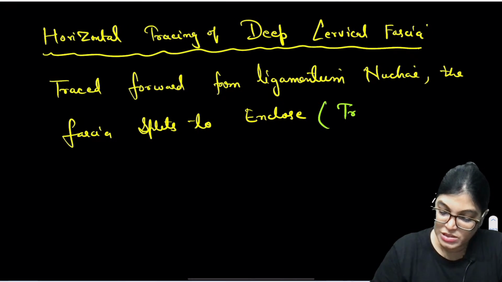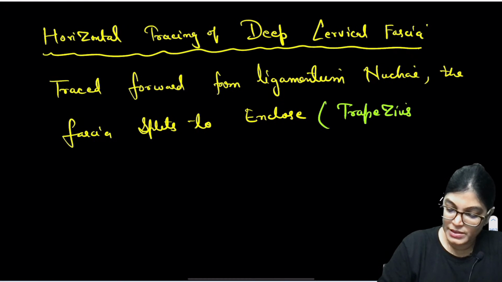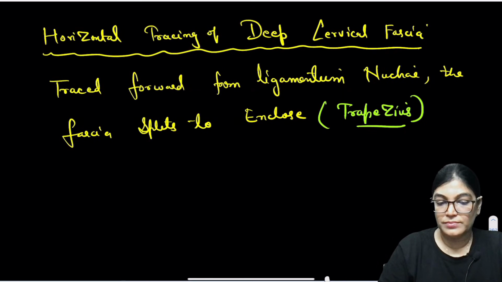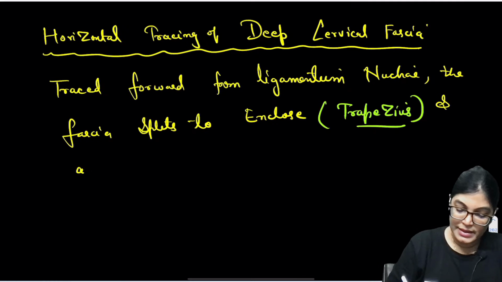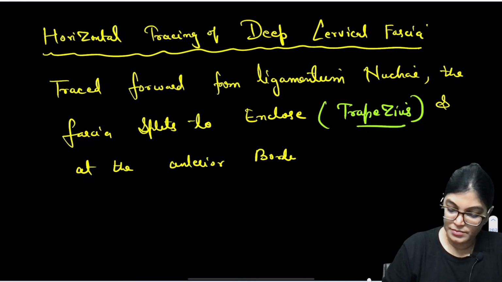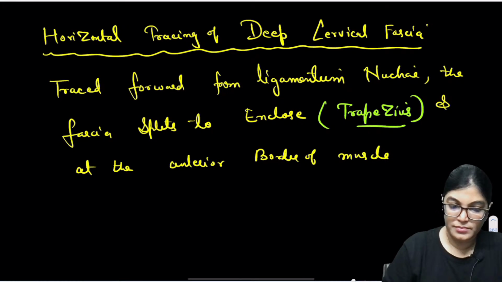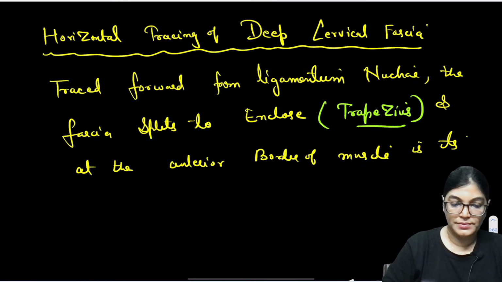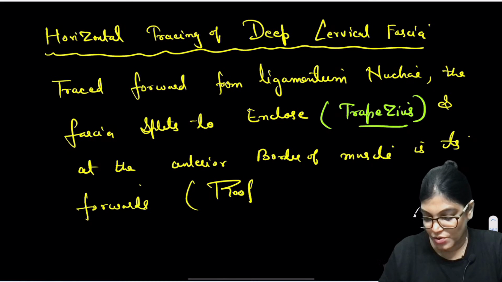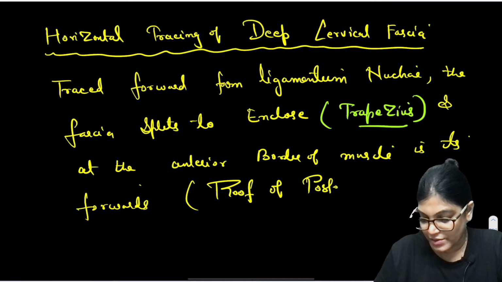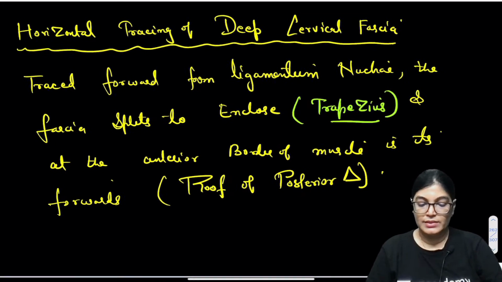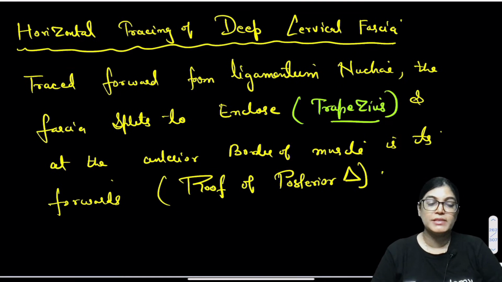It splits to enclose the trapezius muscle, and at the anterior border of the muscle, it extends forward, forming the roof of the posterior triangle. So it extends forward, forming the roof of the posterior triangle. Got it? It will extend and form the roof of the posterior triangle.